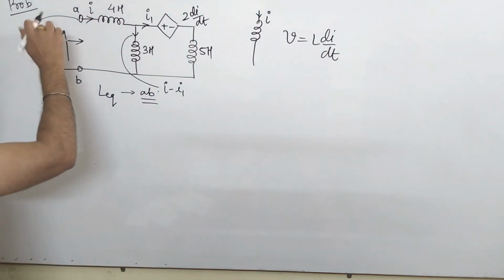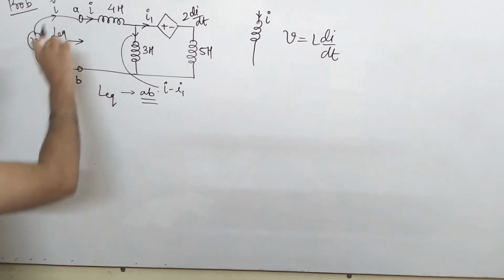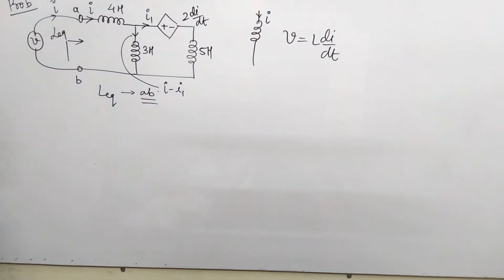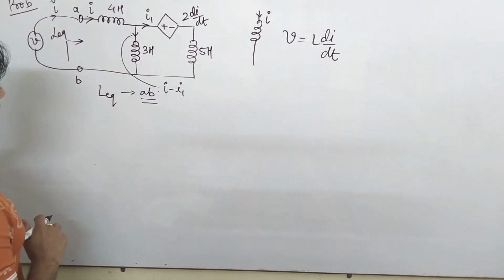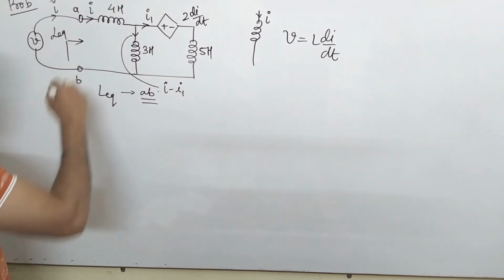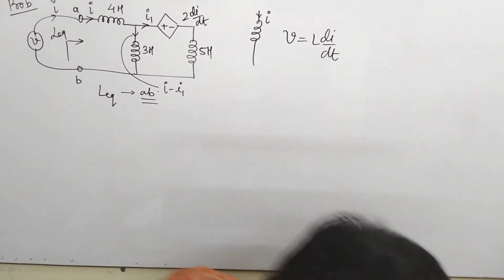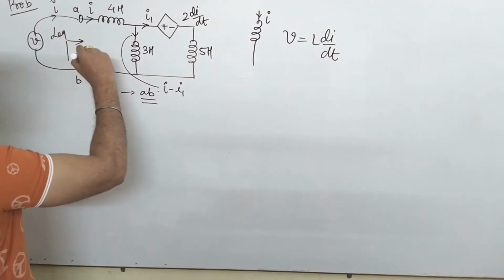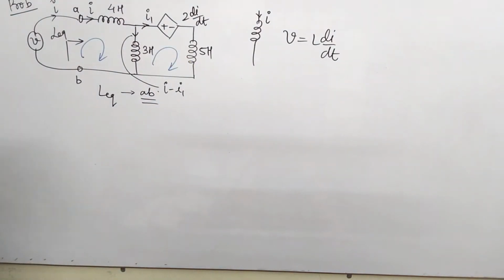So here if V and this is your I, and if you find the equivalent inductor here, that comes to be in the form of V equals L di by dt. So we apply this concept and try to find the value. Here we will apply two loops, this and this, and try to get the answer.